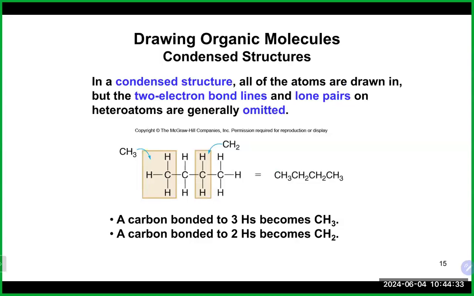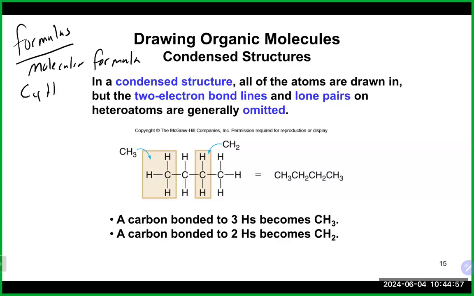So let's talk a little bit about some of the formulas that are used in organic chemistry. So in terms of formulas, there is our basic molecular formula, which is something, say, like C4H10.